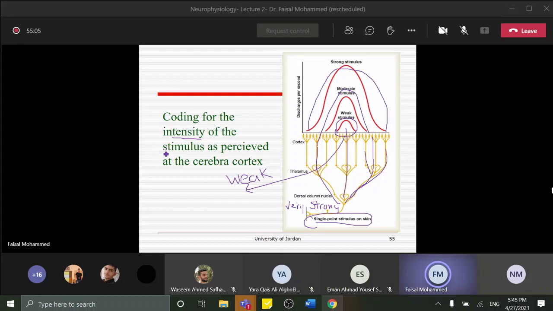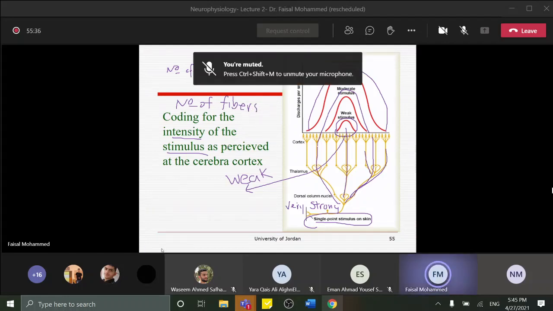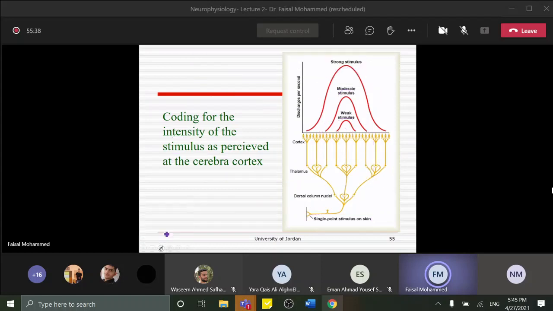So the intensity of the stimulus is coded for by two things: the number of impulses and the number of fibers stimulated. This is how we differentiate different intensities.